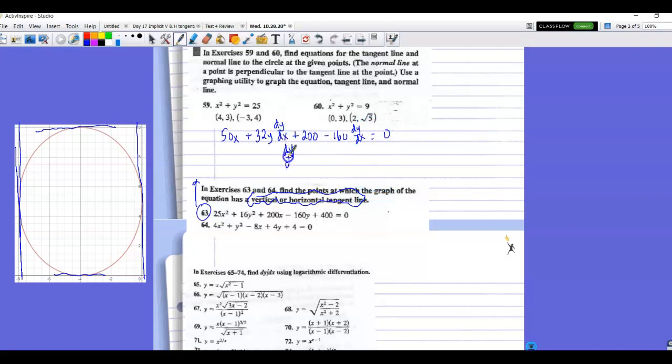So my slope generator, dy dx, is equal to, I'm going to subtract the 50x and the 200 to the right-hand side, so that would be negative 50x minus 200, divided by, I'm going to put the dy terms together on one side, factor, and then divide by 32y minus 160.